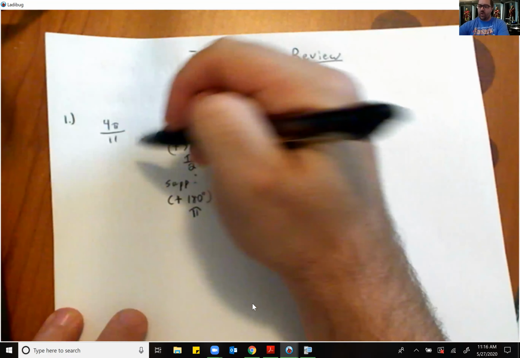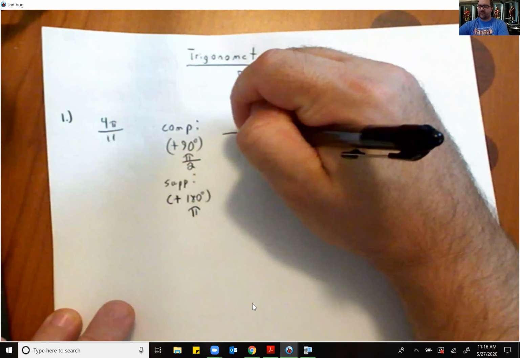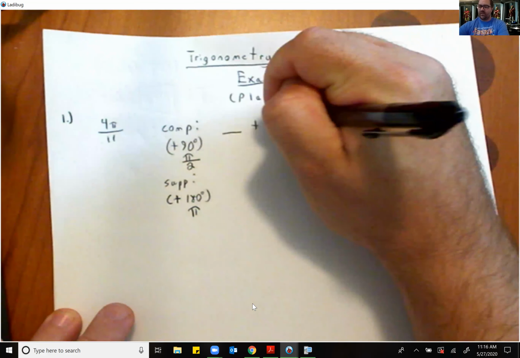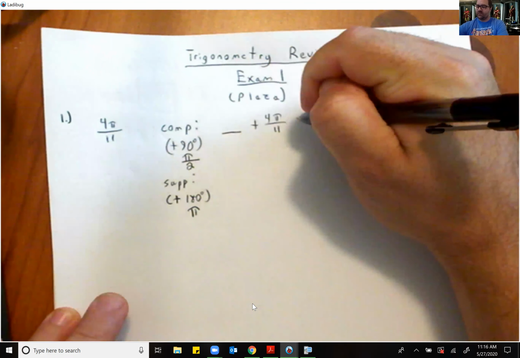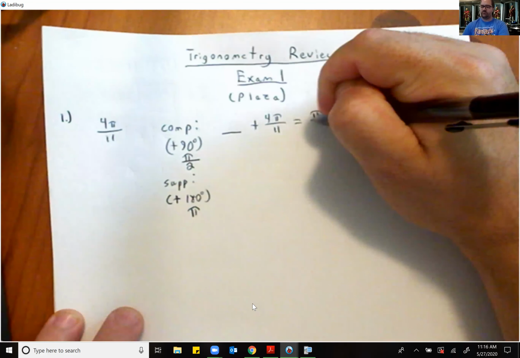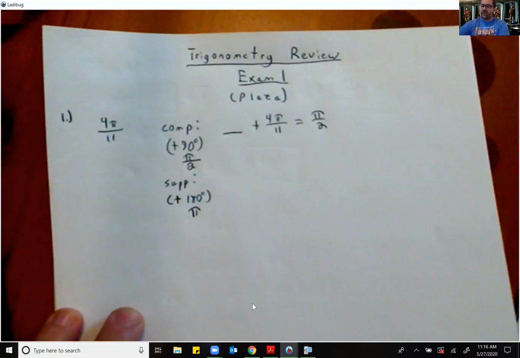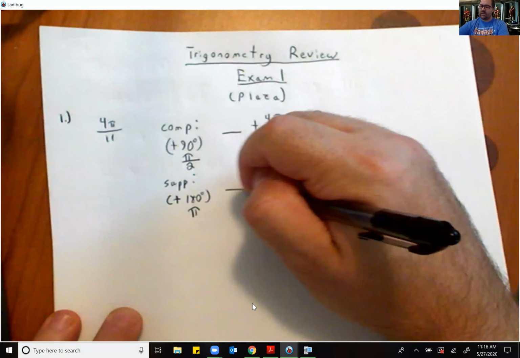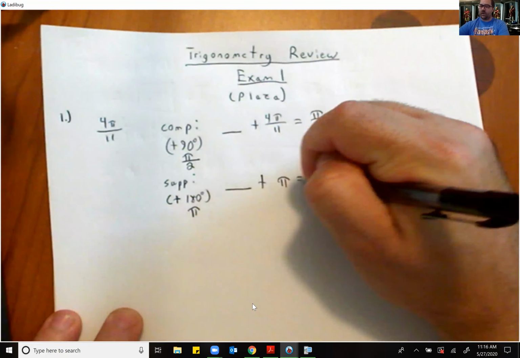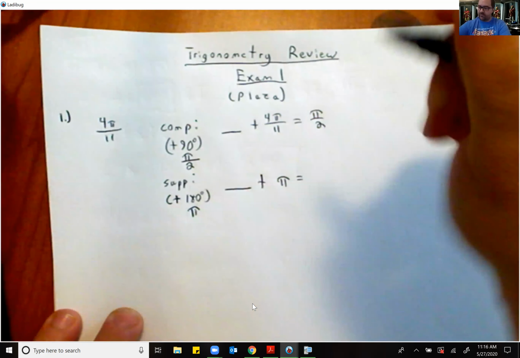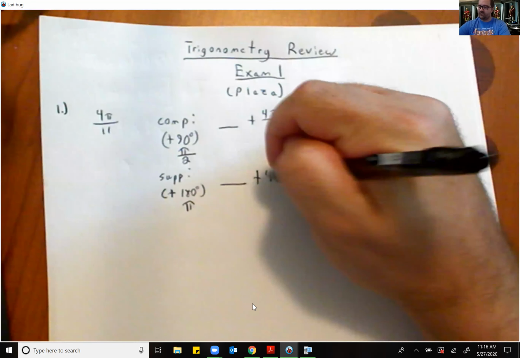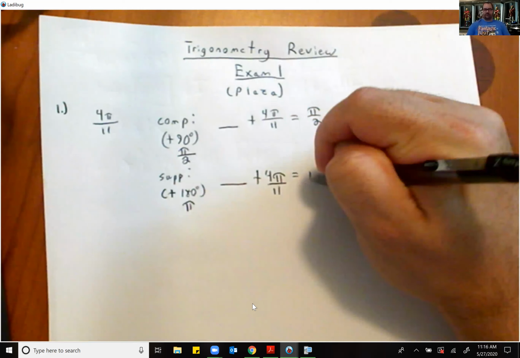We need to know what plus 4 pi over 11 equals pi over 2. And down here, we need to know what plus 4 pi over 11 equals pi.